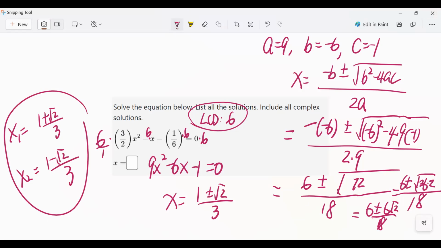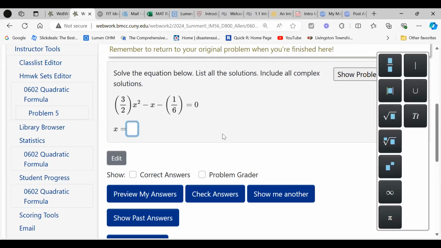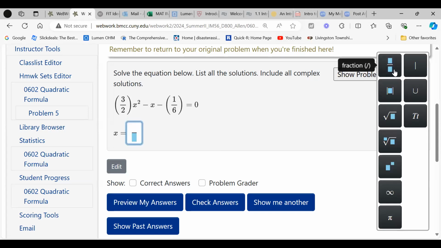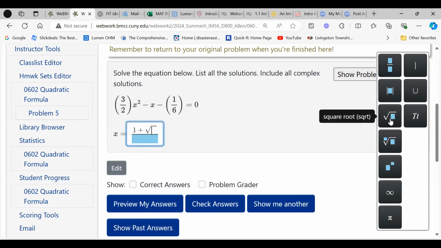Okay, so that's pretty much it. Any question about this? So the first one is 1 plus square root 2 over 3, and the other one is 1 minus square root 2 over 3.